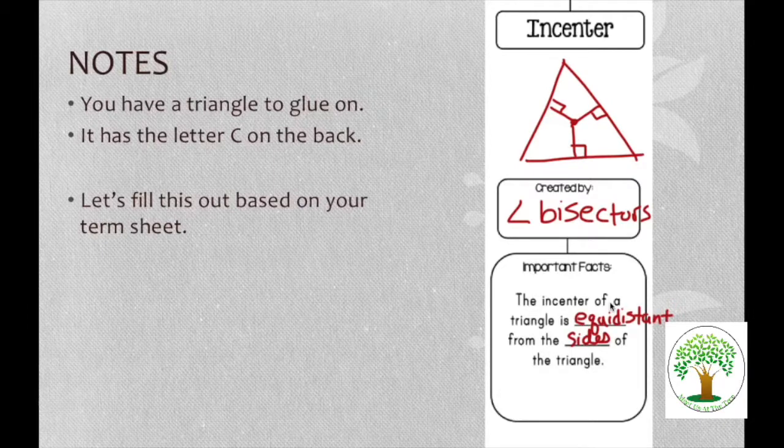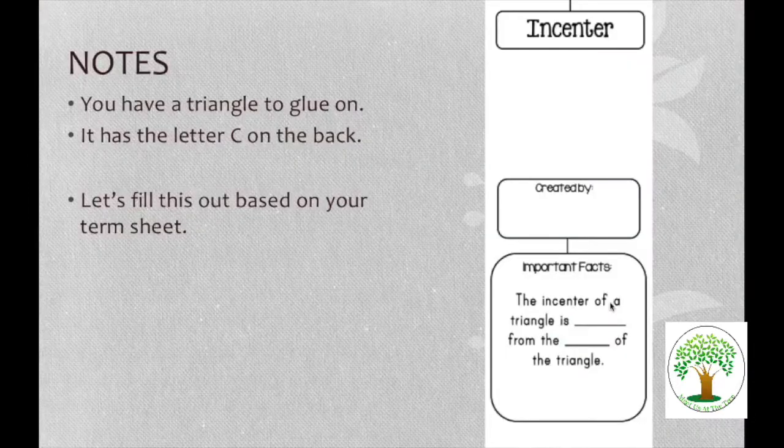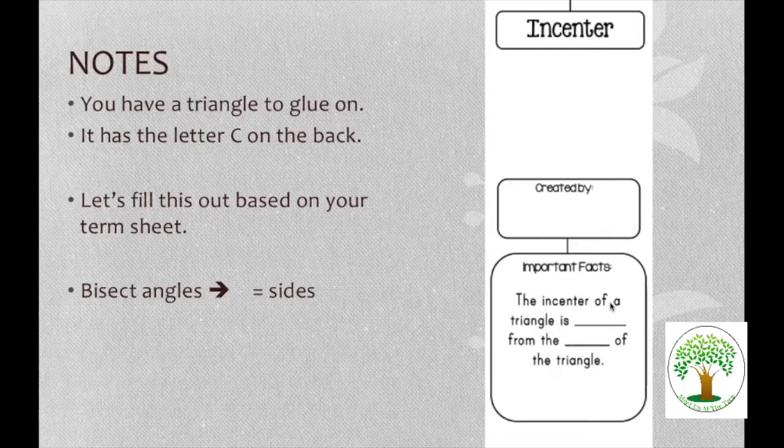Now I gave you a trick to help you remember this. Last time, this was backwards. Last time, this little thing said, if you bisect the sides, it's equidistant from the angles. So this time, if you bisect the angles, it's equidistant from the sides. The trick is remembering that bisecting the angles goes with in-center and bisecting the sides goes with circumcenter.